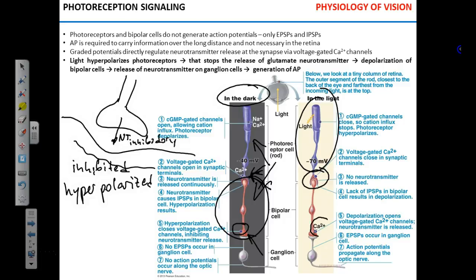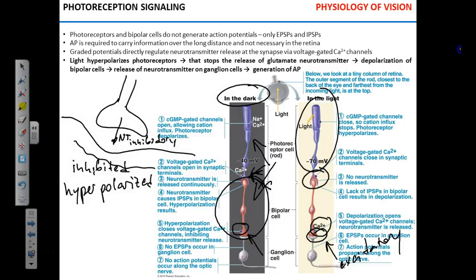Its membrane potential increases. Does that make sense? And that increase in membrane potential opens calcium channels. When calcium channels are open, what happens to the calcium? Influxes into the cell. As it influxes in, what happens with neurotransmitter here? It is released. This neurotransmitter is excitatory.